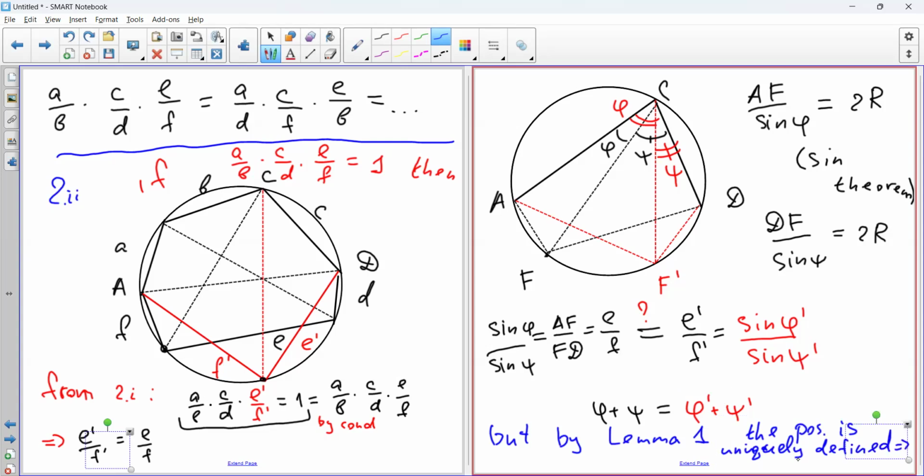So we have that F equals F prime. That is how it's done. And this would be a very, very uniform, very popular technique.